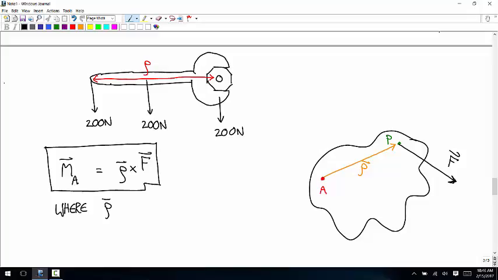Where that rho vector is the vector from the about point A to the point P where the force is applied.